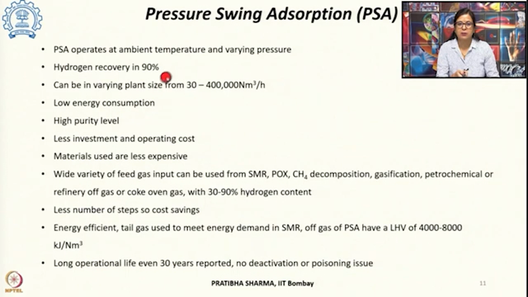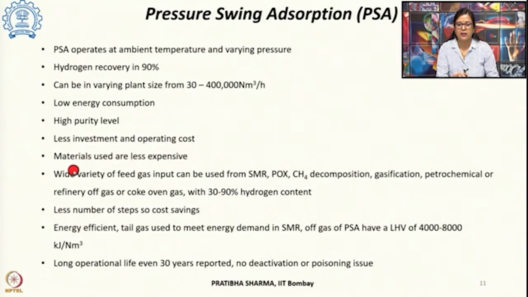Now, the hydrogen recovered from the process is around 90% in modern plants. There can be different plants with sizes ranging from 30 normal meter cube per hour to 4 lakh normal meter cube per hour. The energy consumption in the process is less, and we can get high purity, 99.999%. There is less investment and operational cost required.